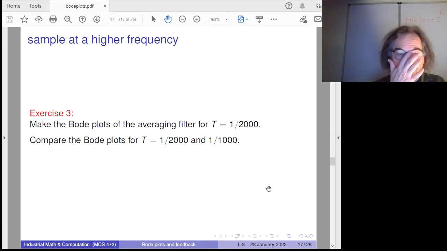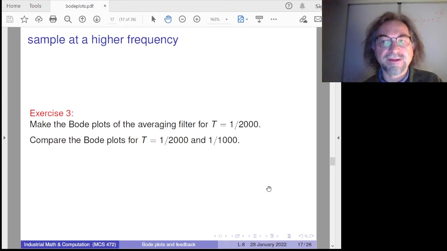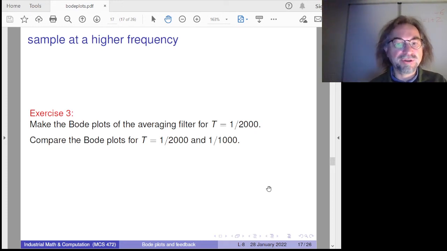Okay, experiment with this. We had the 500 hertz signal that the averaging filter knocked out. And that 500 was most likely an artifact of the sampling rate, which was 1000. Look at the Bode plot, also make another Bode plot now, but simply change the parameter t from 1000 to 2000, and compare the Bode plots.